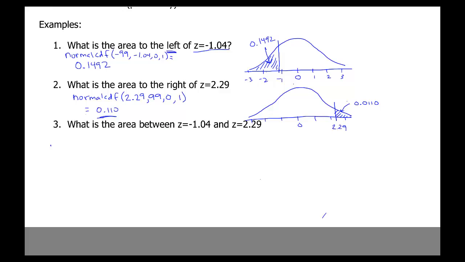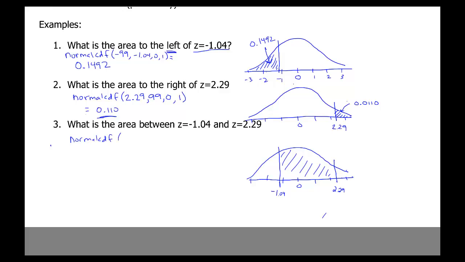All right, so last one. The area between negative 1.04 and 2.29, and we want the area between them. So same function.